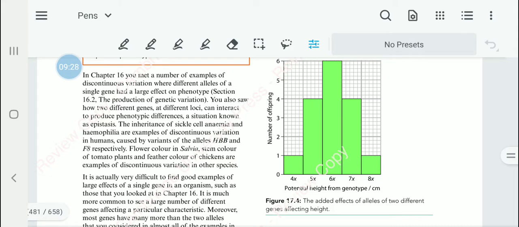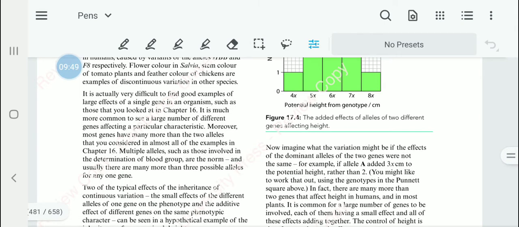Then flower color in salvia, stem color of tomato plants, and feather color of chickens are examples of discontinuous variations in other species. So these are discontinuous variations, just like the blood type in our body.